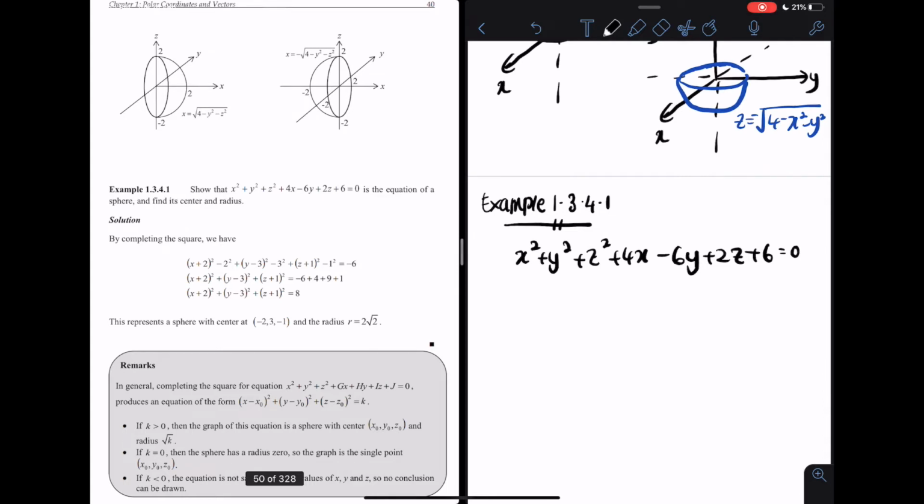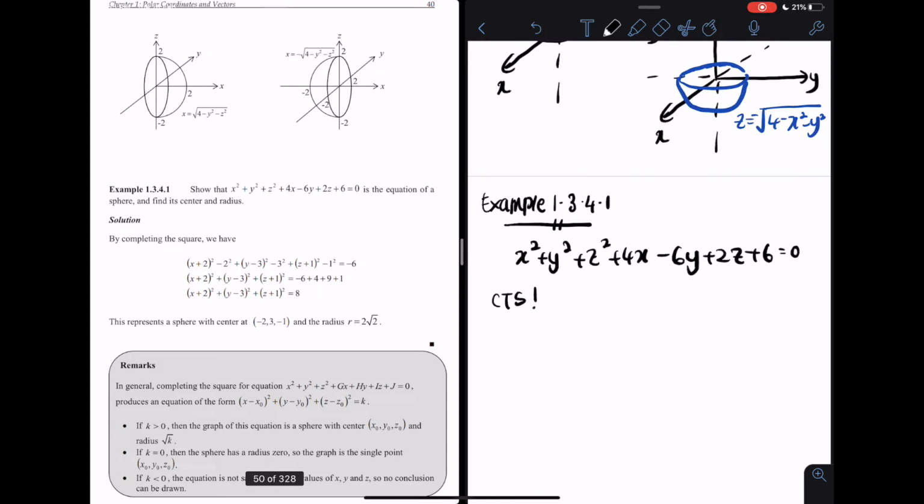The author also asks you to determine its center and radius. The only way to solve this problem is by completing the square.